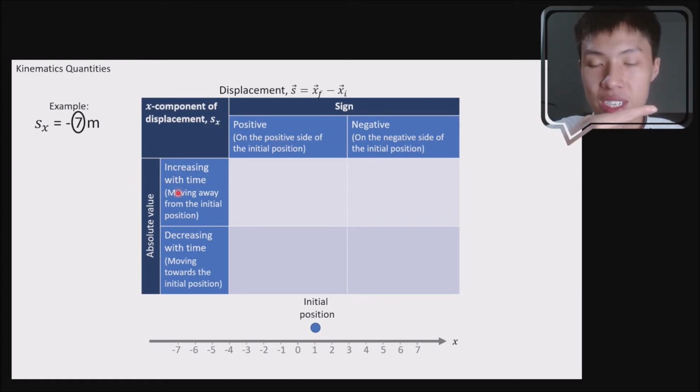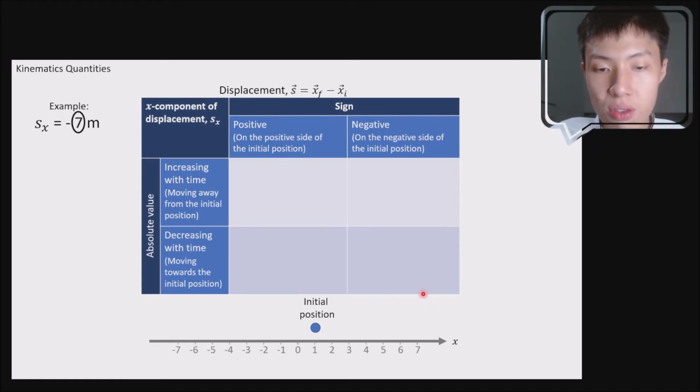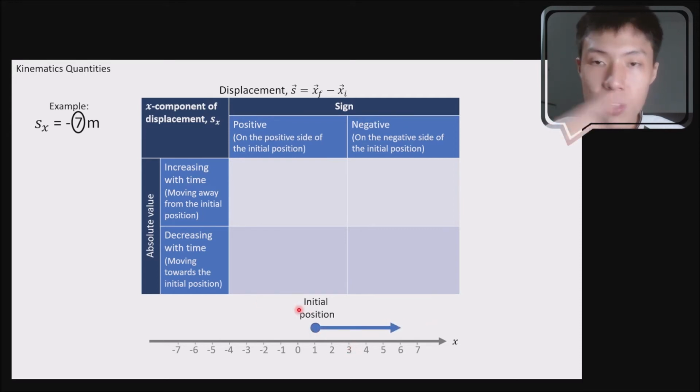And if it's increasing in time, it means the displacement vector is getting longer and longer. If I would like to illustrate it, it will be something like this. It starts short, then it becomes longer, pointing to the right, which means it's a positive sign.